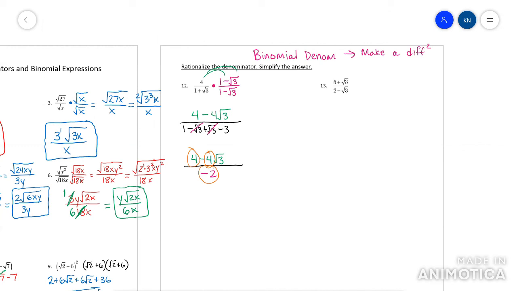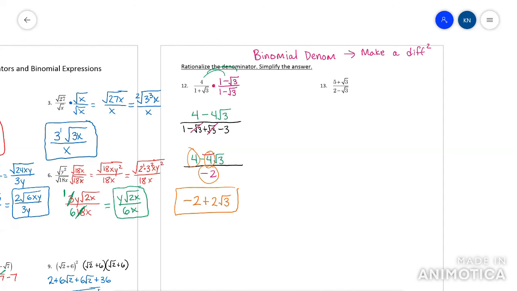I would divide it here. So 4 divided by negative 2 is negative 2. Negative 4 root 3 divided by negative 2 turns into plus 2 root 3. I'm simply dividing the numerator there by negative 2, since both of those numbers could reduce. Now, if this had said, for example, 4 minus 7 root 3, then I wouldn't have done this because all those numbers are not divisible by 2, for example.